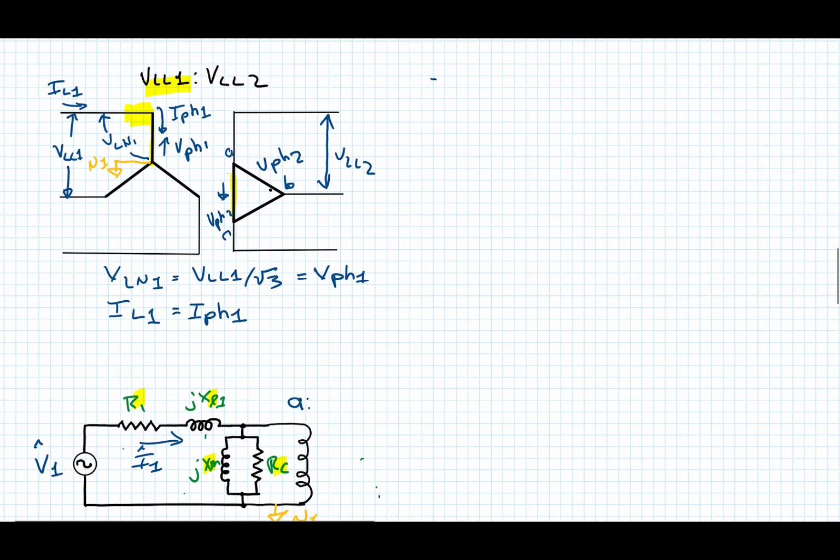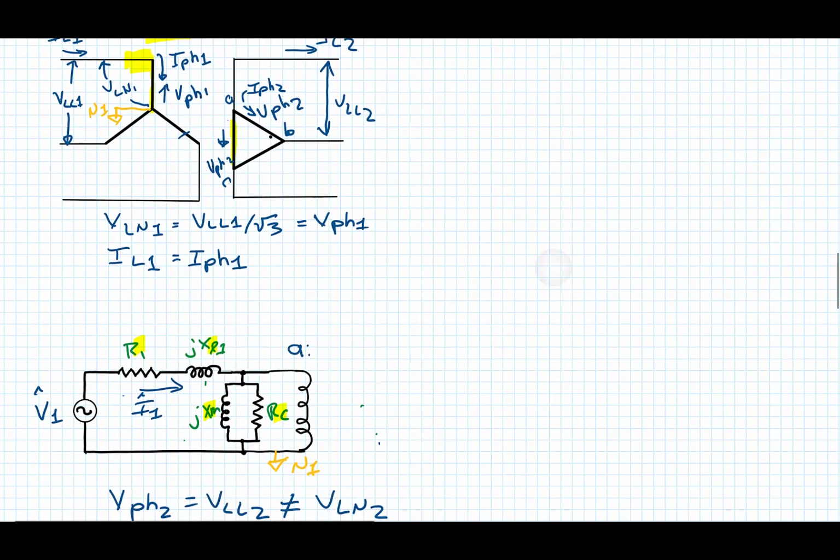We know clearly that the phase current then, if we were going to say this was the current through that phase, I phase 2 here, in the B winding, corresponding to this winding right here, that it's smaller than the line current I line 2.